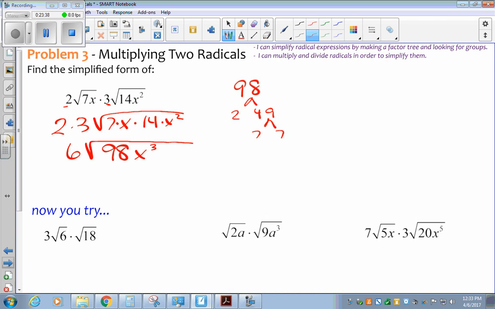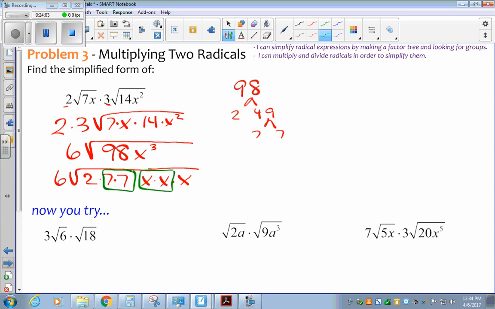So this is going to be 2 times 7 times 7. And this x to the 3rd, it's just 3 x's. Let's partner up. Whoever has a buddy, a little matcher, 7 times 7 and x times x. We're looking for the pairs.